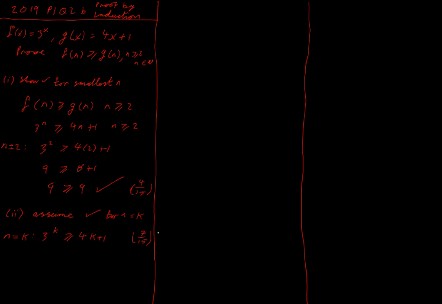You just have to remember, sub in the smallest value of n you can, in this case n equals 2, and then say I assume that n equals k is true, and you write down the equality or inequality with n substituted in as k. That will usually give you about 50% of the marks for the question, and it takes no time at all, and you can always do it.